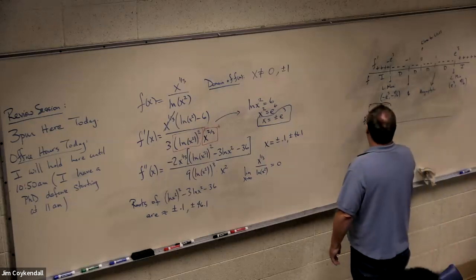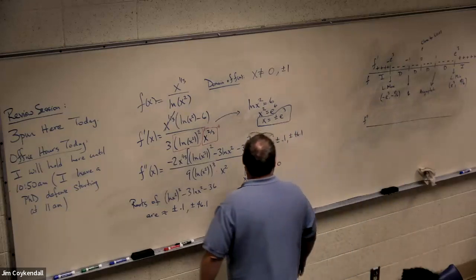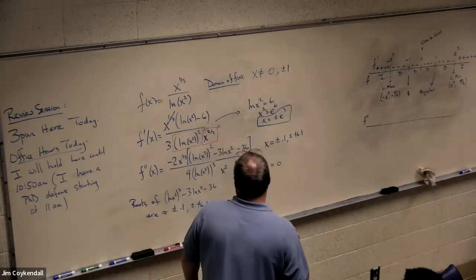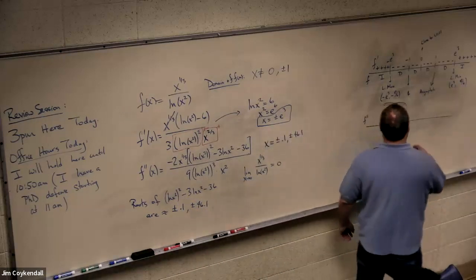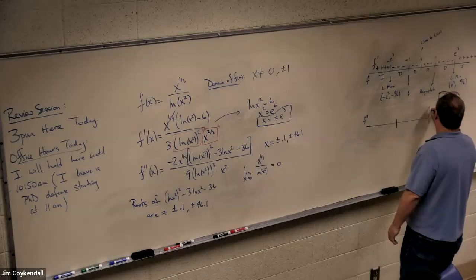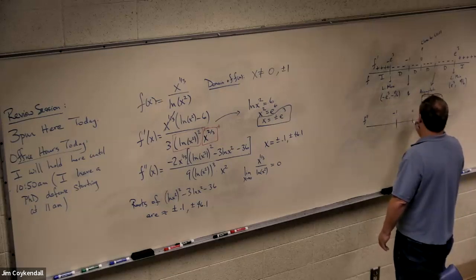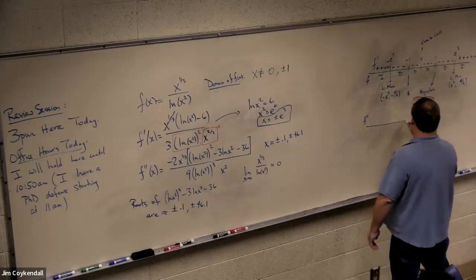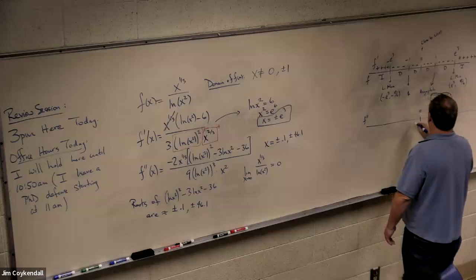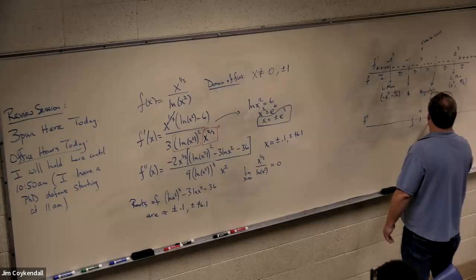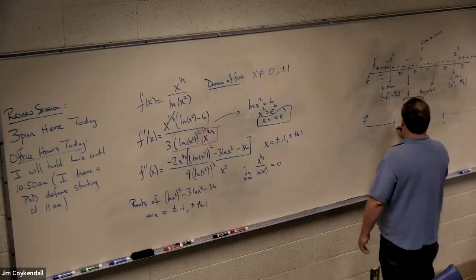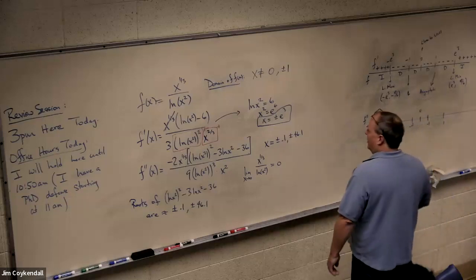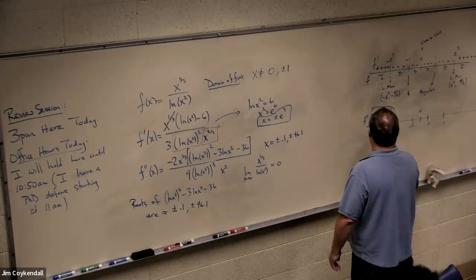What about the second derivative? This one is pretty awful. The critical values are at 1, minus 1, 0, minus 0.1, and 46.1, and minus 46.1.